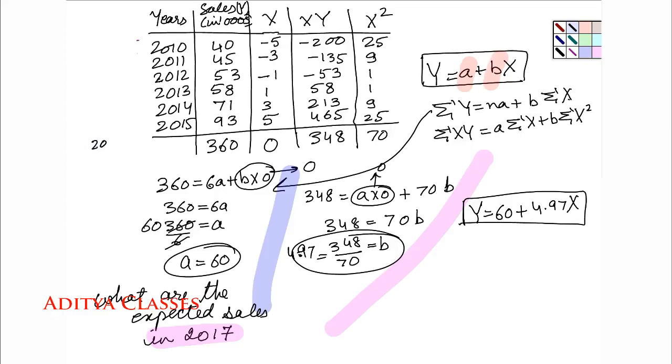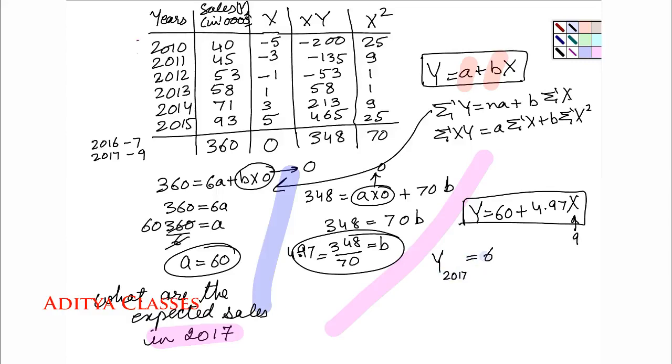Let me check. 2016, 2017. If I go with this philosophy, 1, 3, 5, 7, 9. My 2017 would have been represented by a 9. So what I'll do is, instead of this x, I'll put 9.